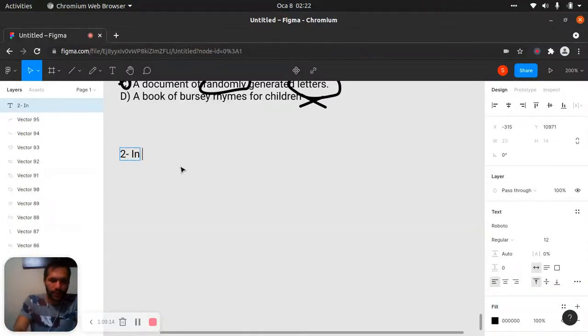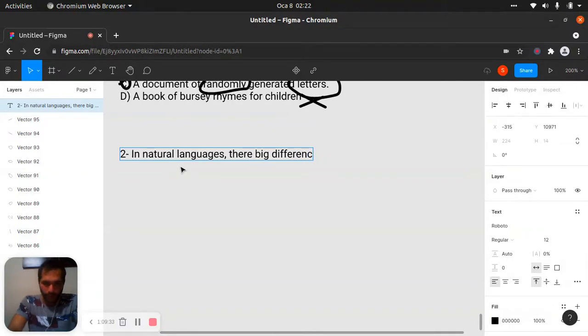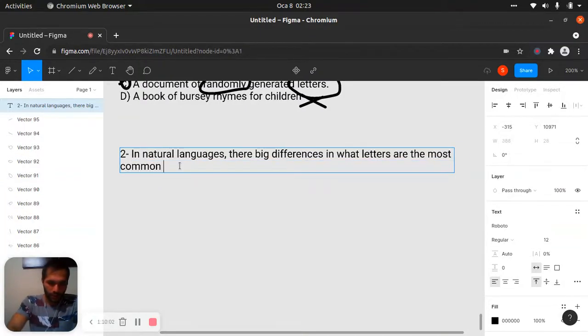In natural languages, there are big differences in what letters are the most common across words.